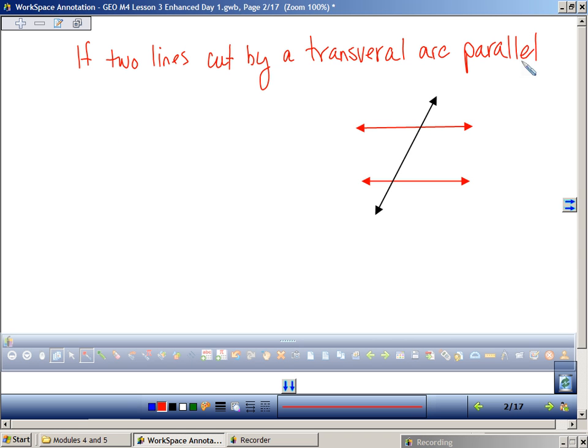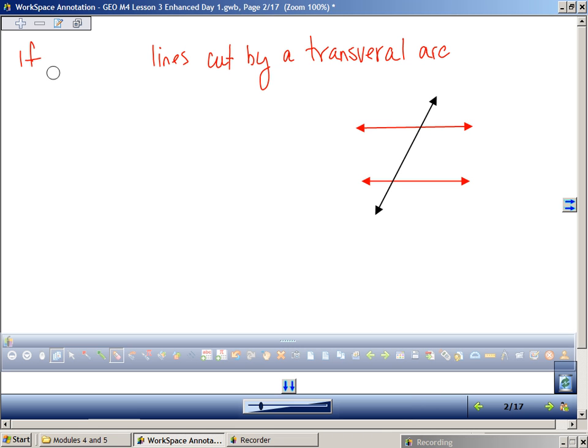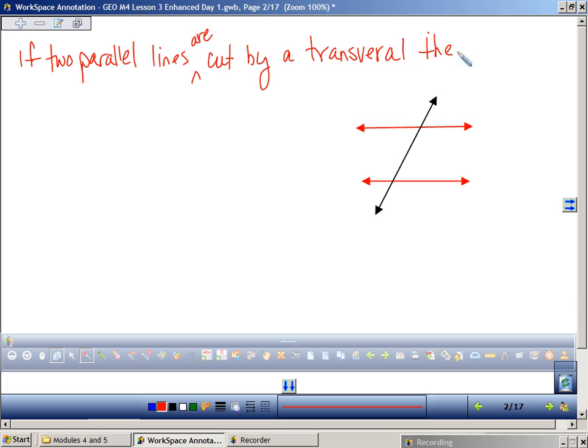If two parallel lines, it's the same thing, but which one's better to say? If two parallel lines, okay, let's do that. I like it better. If two parallel lines are cut by a transversal, then what do we know? Then what?